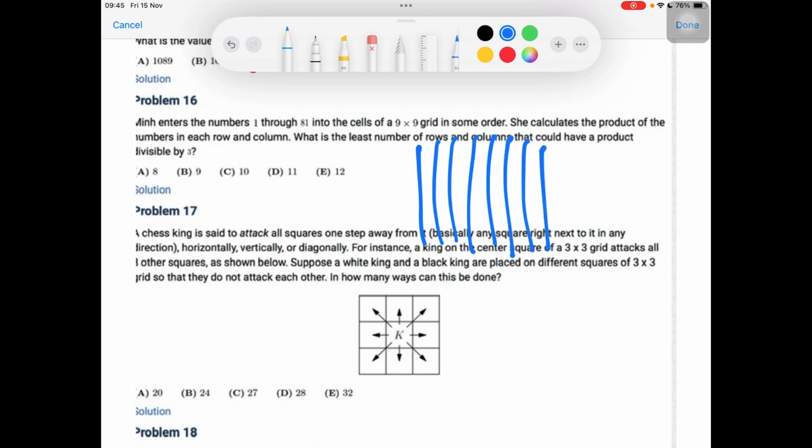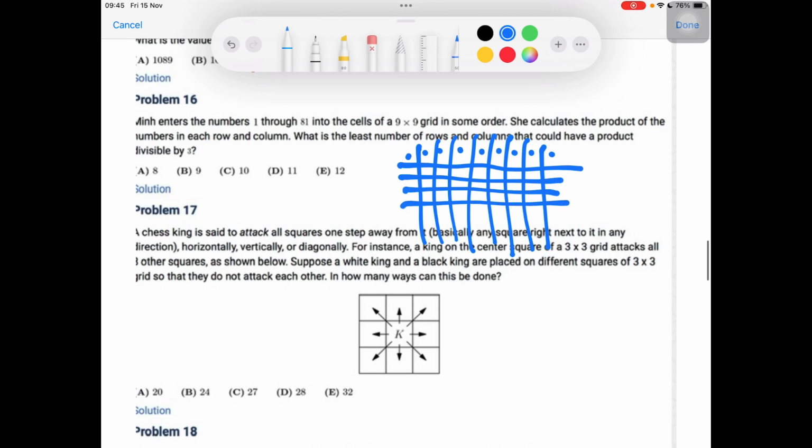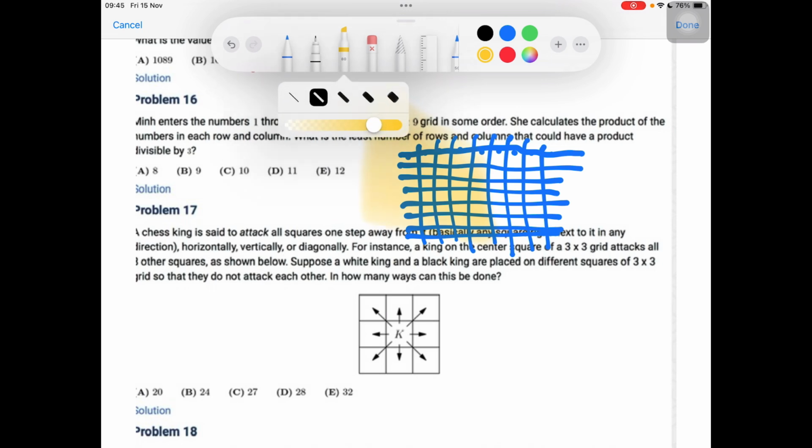Like 1, 2, 3, 4, 5, 6, 7, 8, 9. Let's say 9 by 9. 1, 2, 3, 4, 5, 6, 7, 8. Then 1, 2, 3, 4, 5, 6, 7, 8, 9. Okay, so this is 9 by 9. So for example, if I arrange all those multiples of 3 here.